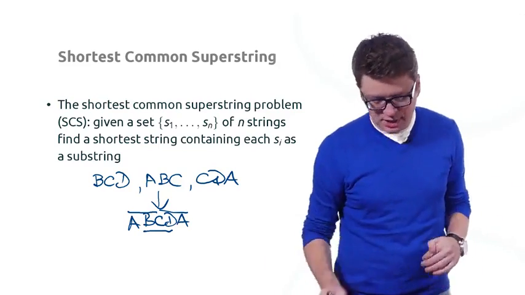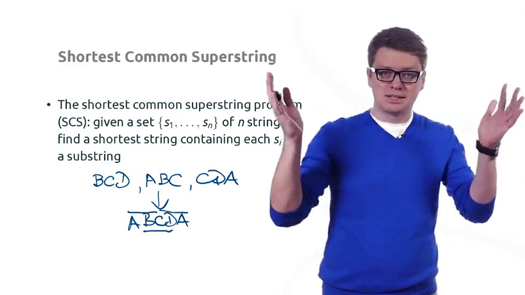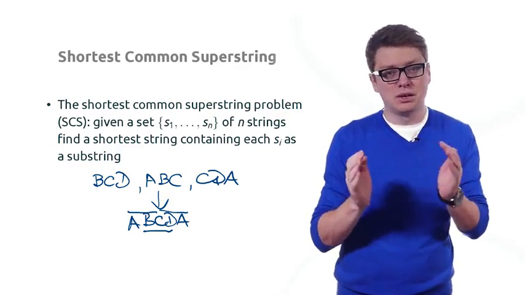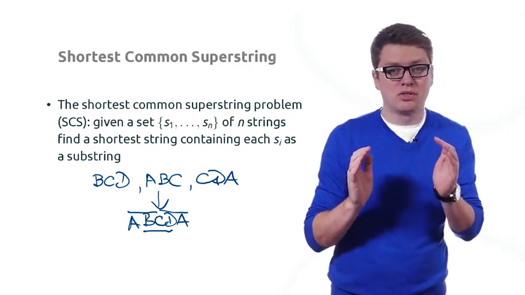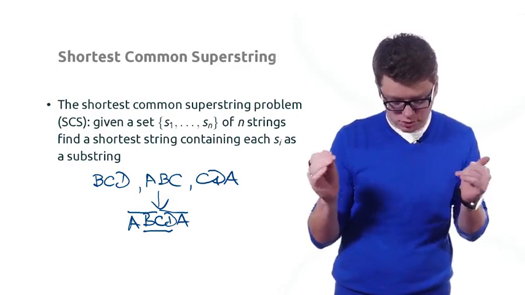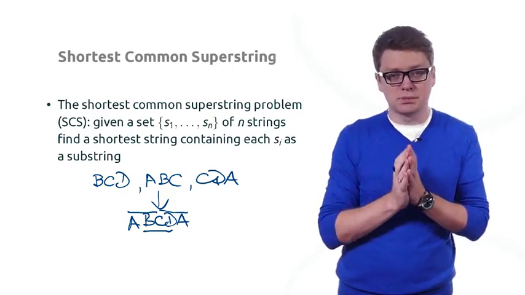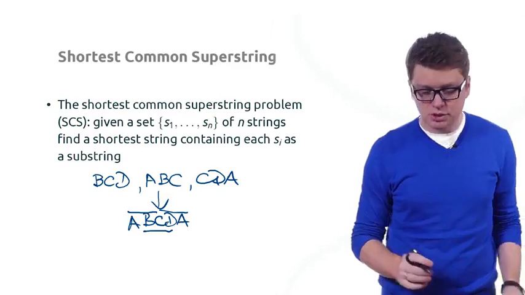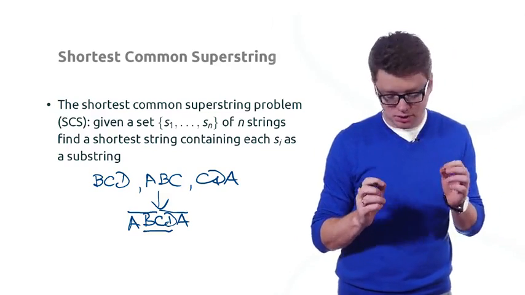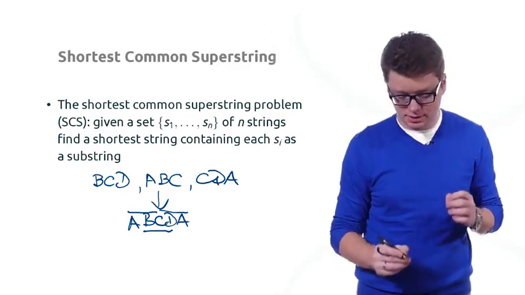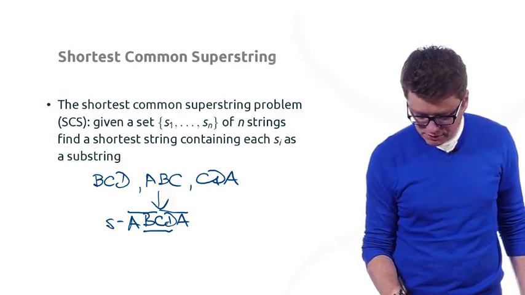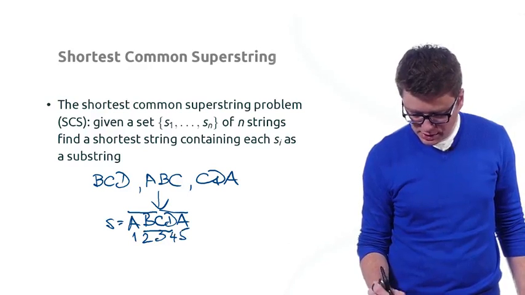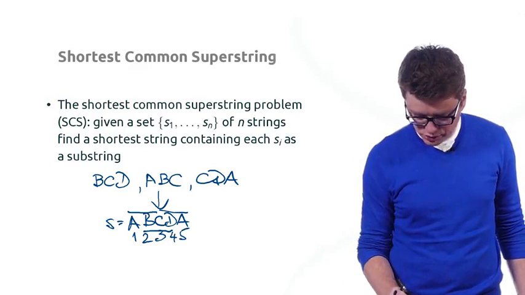In particular, if we have many such strings that can be compressed into one string which is not too long, this allows us to store these strings more efficiently and use less space. Instead of storing just BCD, ABC, and CDA, we just store the indices of the appearance of the first symbol in the superstring. For example, if the indices start with 1, then instead of BCD we can store just 2.